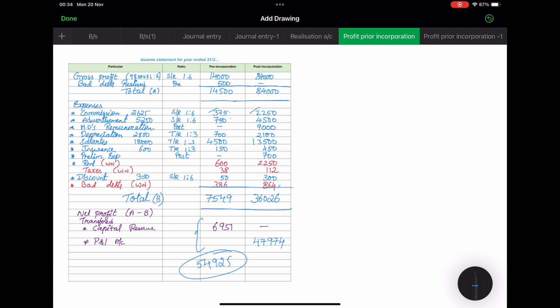Hope you all understood this concept, profit pre-incorporation. In earlier videos we have solved very simple questions, isn't it? So we didn't have any of these adjustments. Simply we'll be calculating only two working notes, that is time ratio and sales ratio, isn't it?